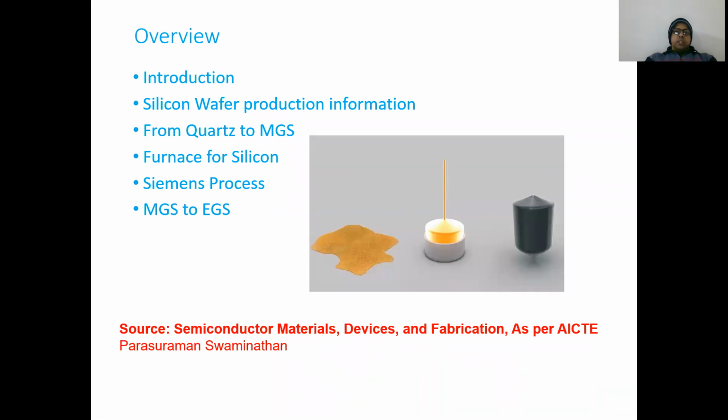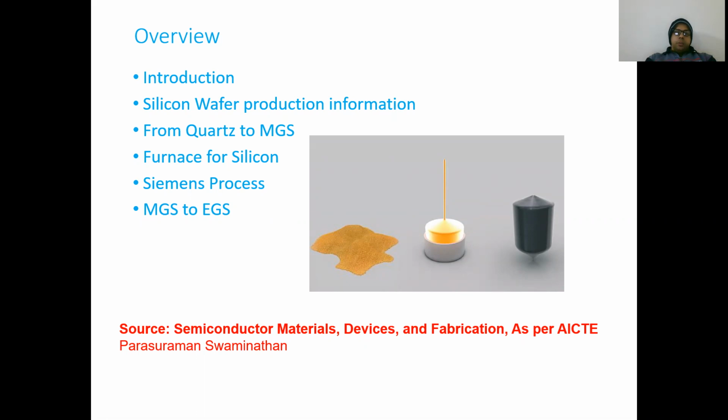Second is some information regarding silicon wafer, where it is being produced and how it is being utilized in the current context. Onwards, I will tell you how from quartzite you are going to convert it into metallurgical grade silicon.